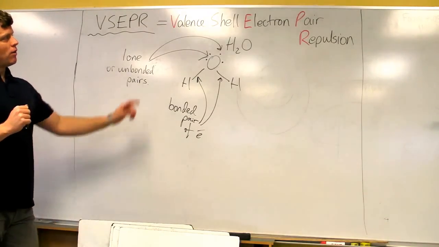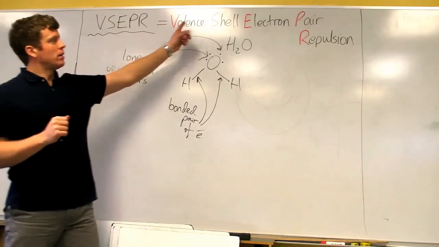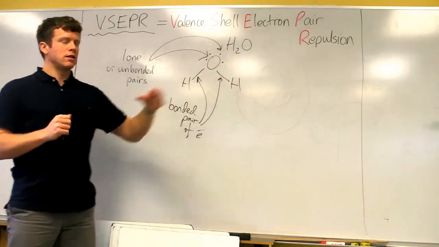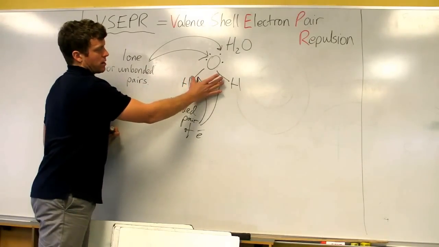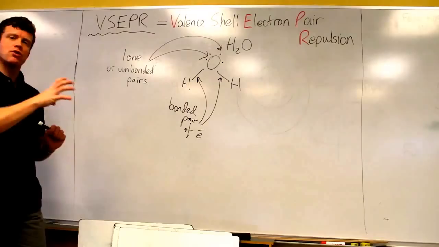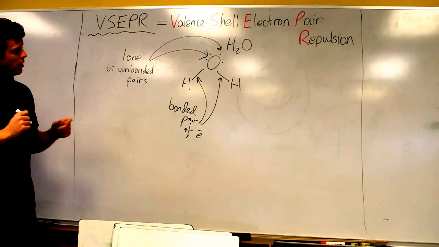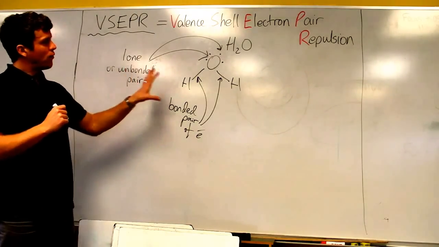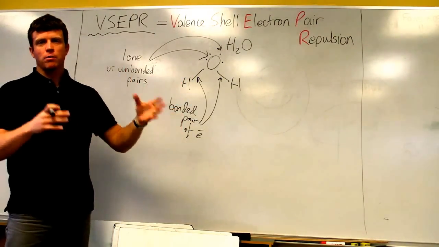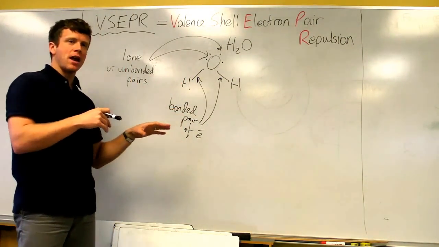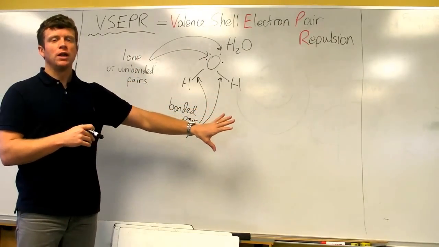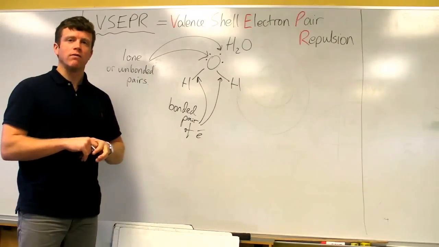So the big idea of VSEPR or valence shell electron pair repulsion is that these pairs of electrons interact with each other slightly differently. And so before I move on, I'm actually going to pause this video and then have a different setup on the board which will help explain VSEPR theory.